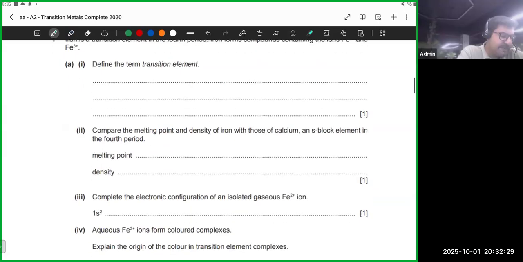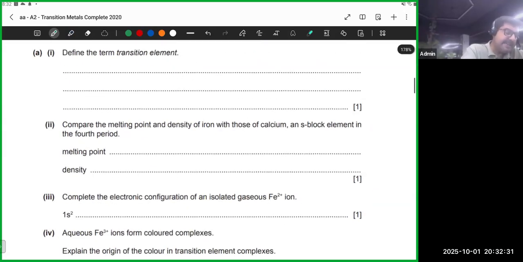Now he's asking you to compare the melting point and density of iron and compare it to calcium. He's not asking for any explanation. He just wants you to compare. That's it. So melting point and density of iron obviously higher.